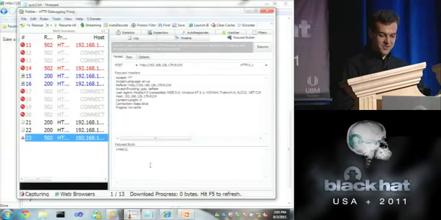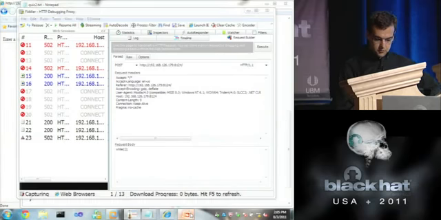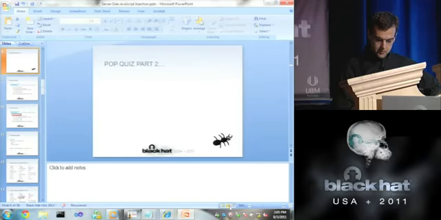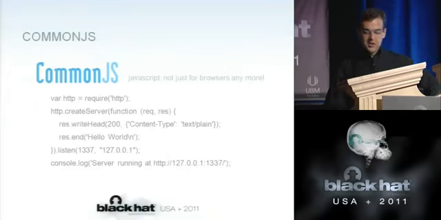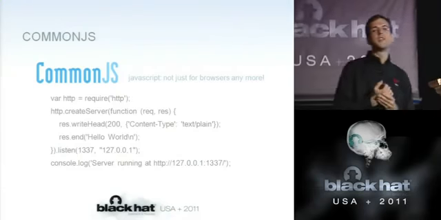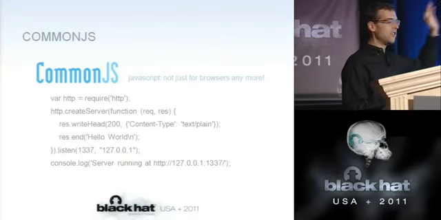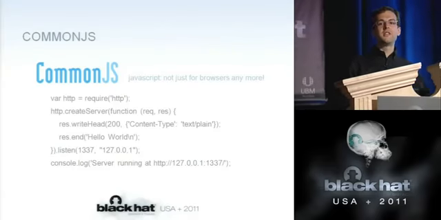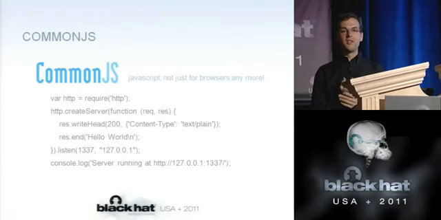All right, enough with the small time stuff. Let's do some real damage. So Node supports this initiative called CommonJS. That was the quote I had earlier from Chris Cowell, who's kind of the father of CommonJS.